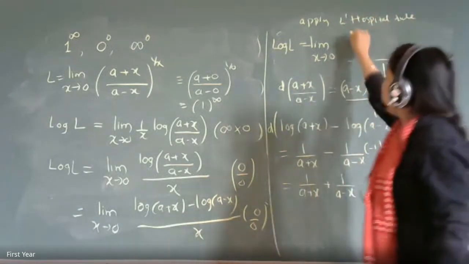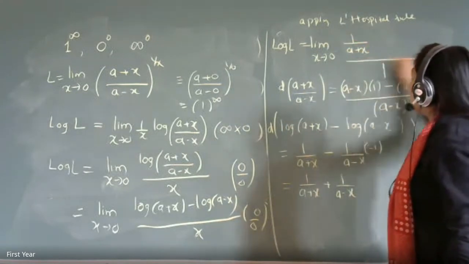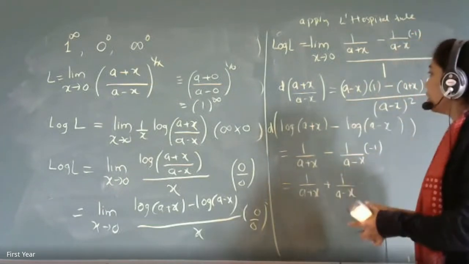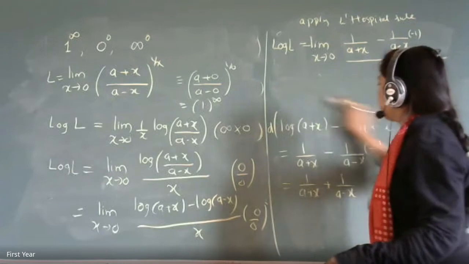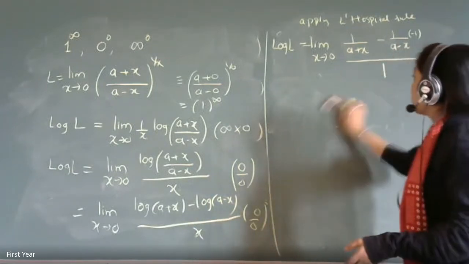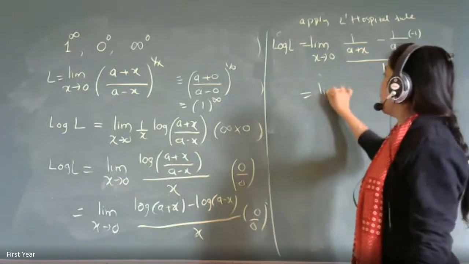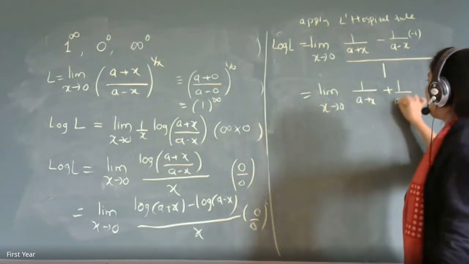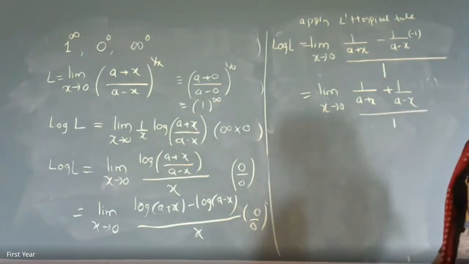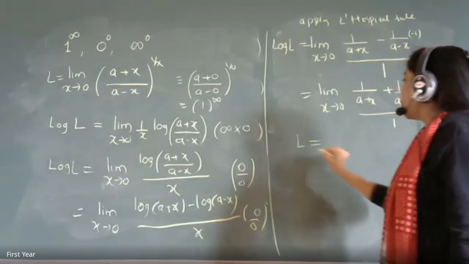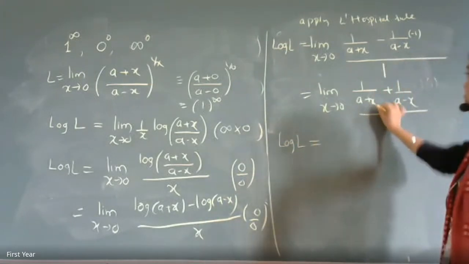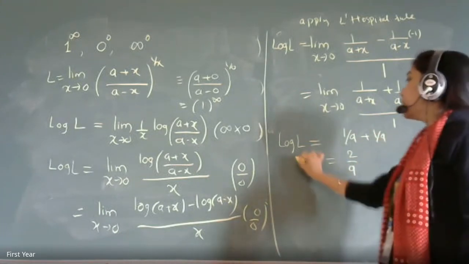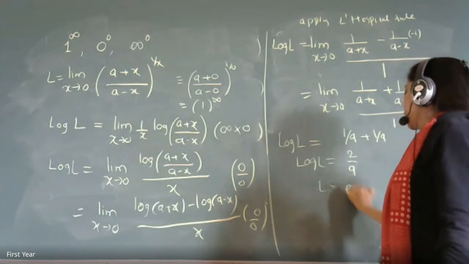We get 1 upon (a plus x) minus 1 upon (a minus x) into minus 1. And therefore this will become the limit as x tends to 0 of 1 upon (a plus x) plus 1 upon (a minus x), divided by 1. Putting the value x equal to 0, log L becomes 1 by a plus 1 by a, that is 2 by a. But this is log L. So what is L? e raised to 2 by a.